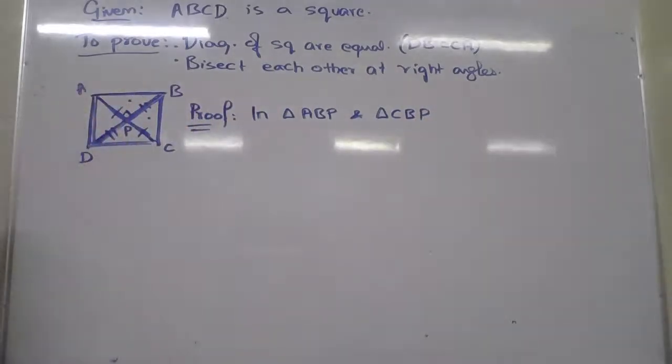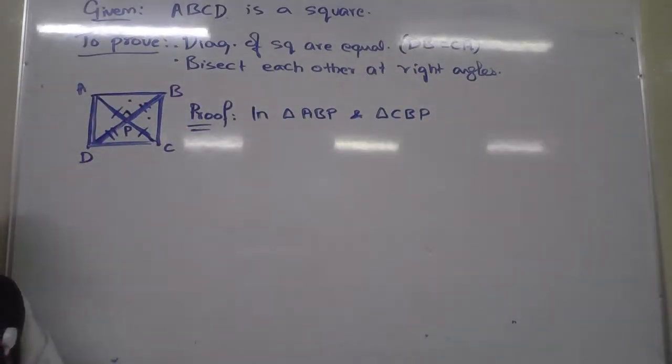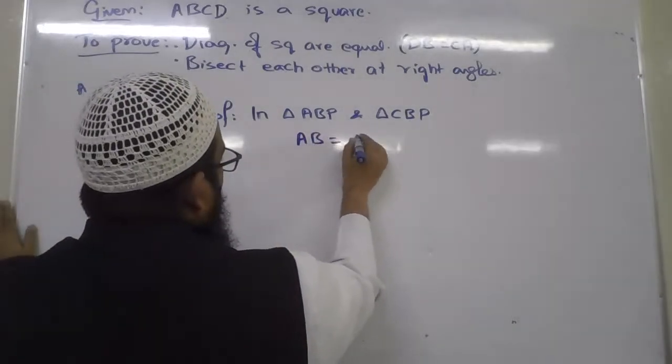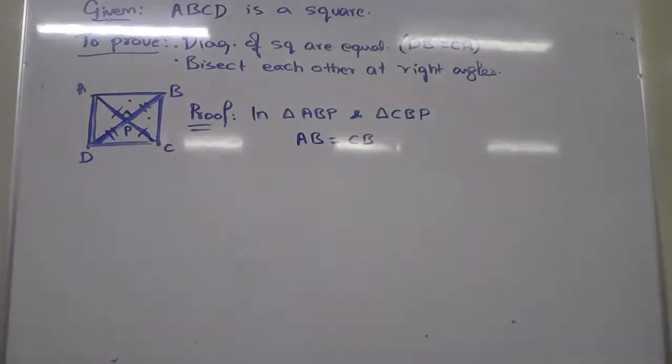Can anybody tell me what are the equal parts? AB is equal to CB. Next.